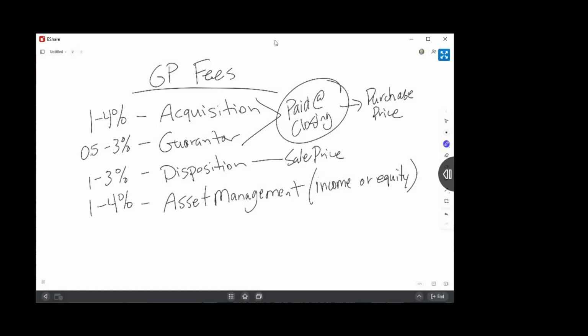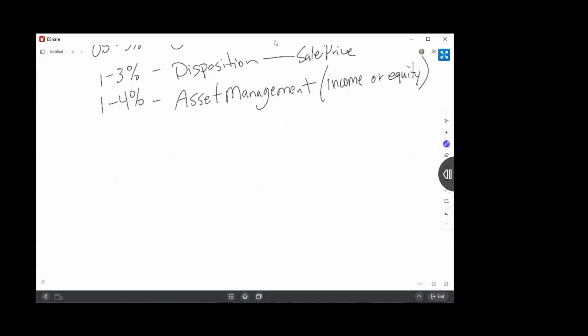There are some other fees that you could charge. If you're doing the property management, you could charge a property management fee. And then you could also charge construction fees if you're managing the construction.